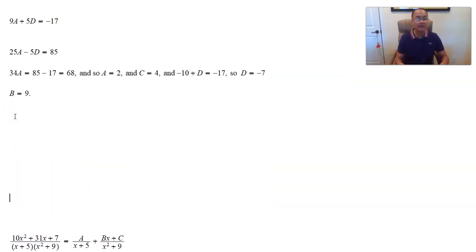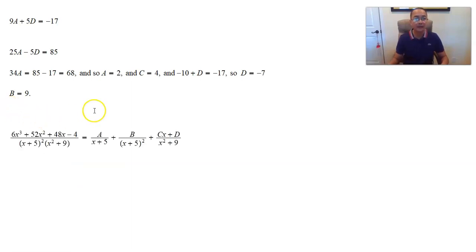Okay, that was from the last problem. Okay. So a is 2. We know how to integrate that. b is 9. We also know how to integrate that. Yay! c is negative 7. And d is plus 9.